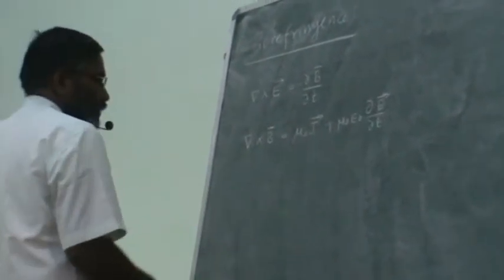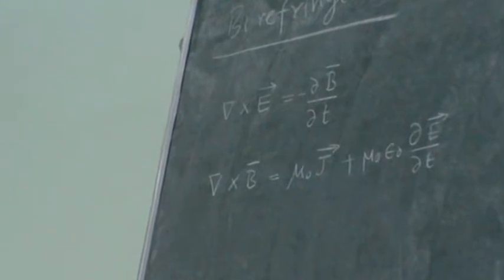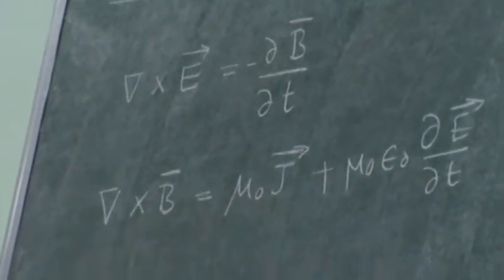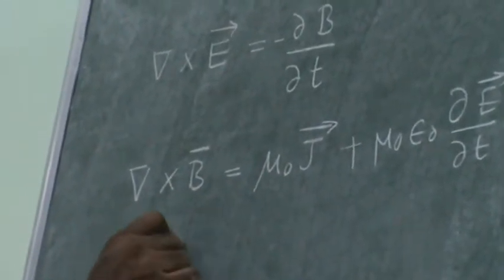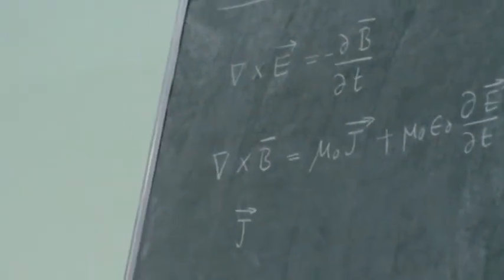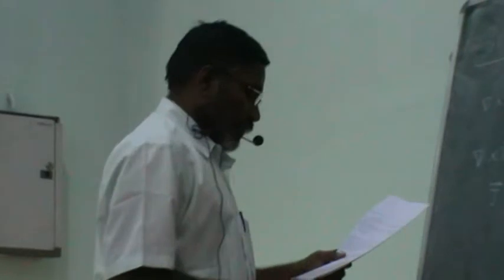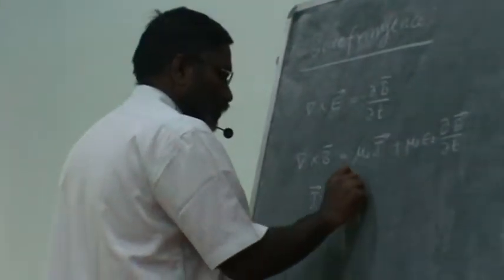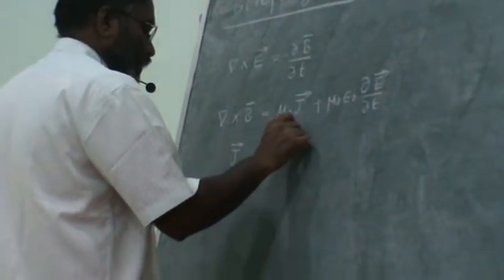These two equations, and what is important here is that the current density J, we can assume, is entirely due to the polarization current. That means J is equal to dou P by dou t.